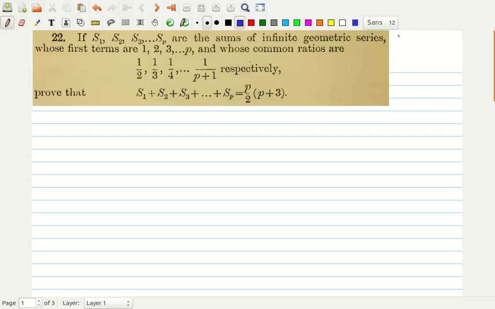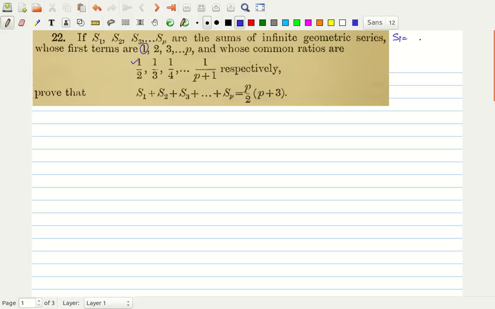Let us see what S1 is. Okay, so first let us write what is S1 going to be. S1 is the sum of the infinite geometric series whose first term is 1, and common ratio is 1 by 2.